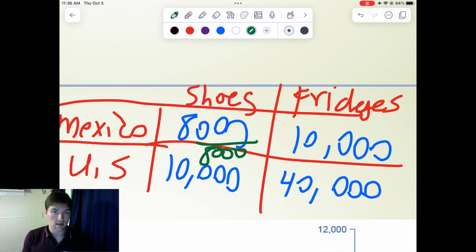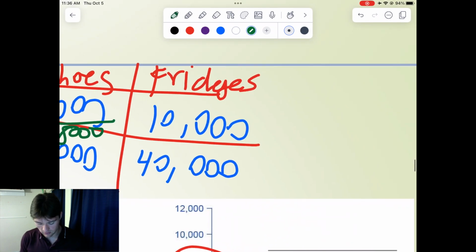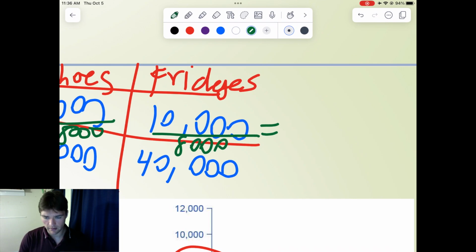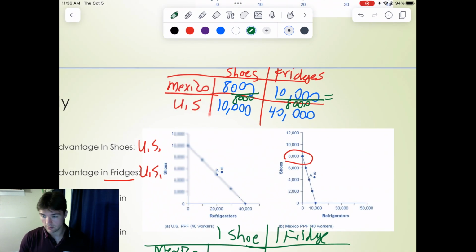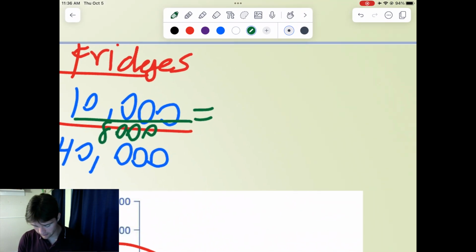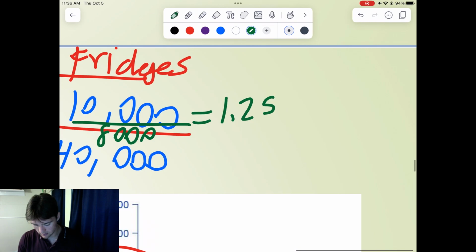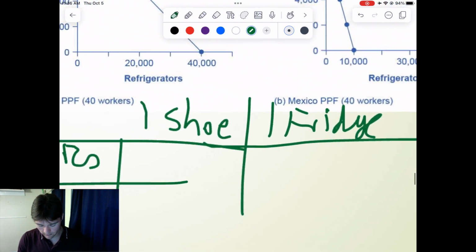You do that to one side, you do it to the other, so you'll go straight over, then you'll do 10,000 divided by 8,000. And if you did the math here, this will equal 1.25. So 1 shoe for Mexico is 1.25 fridges.